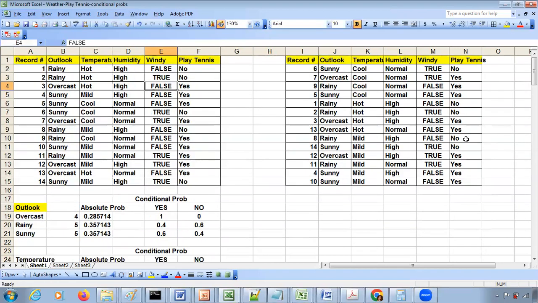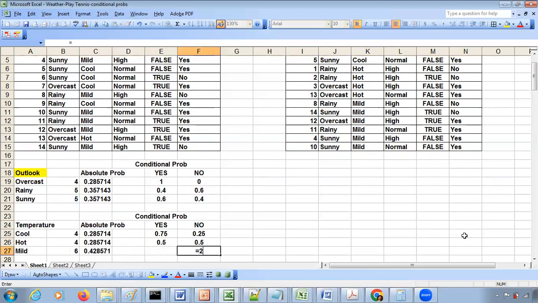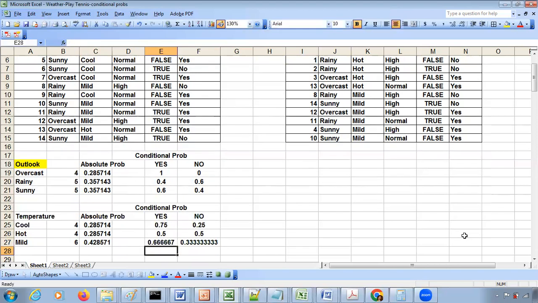Then out of the 6 records where temperature is mild, we have 2 no's and 4 yes. So 2 of the 6 mild records have no as a class, and 4 of the 6 mild records have yes as the class. So that's the conditional probabilities. And we're done for temperature.